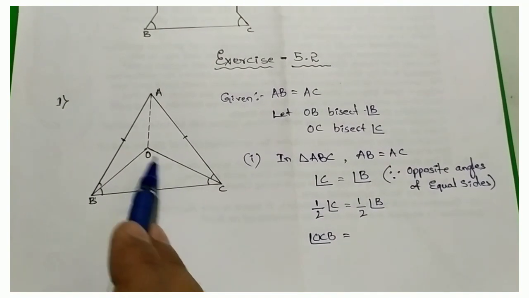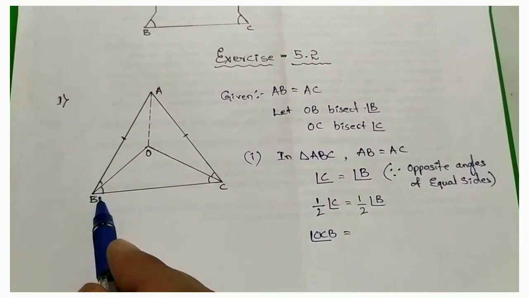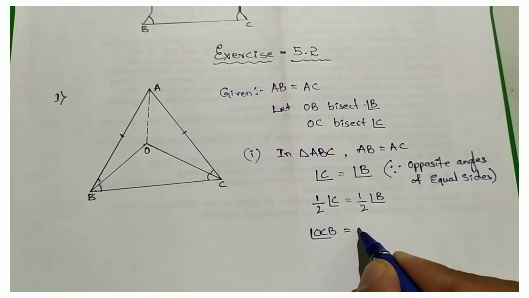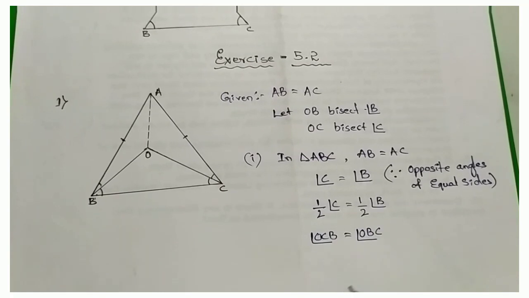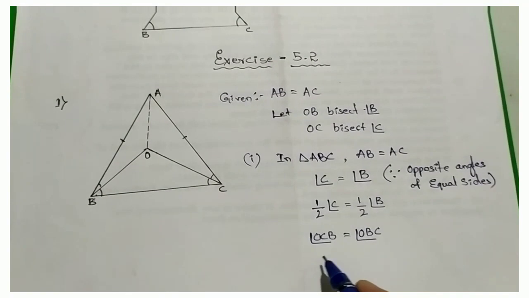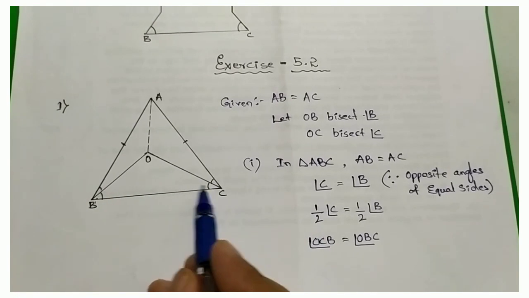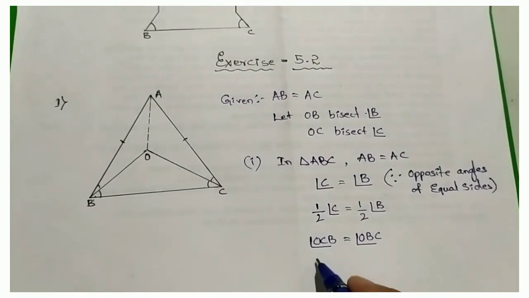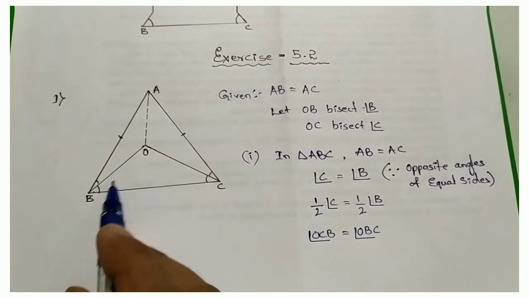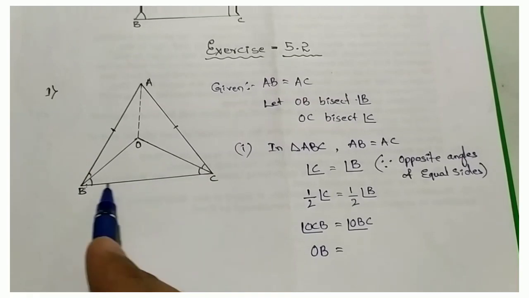One half I am taking, that is OCB, is equal to half of angle B. OB is bisecting the total angle B, so I am taking OBC as half of angle B. So in triangle OBC we got two angles equal. If two angles are equal, then the opposite sides will be equal. For OCB the opposite side is OB, and for OBC the opposite side is OC.